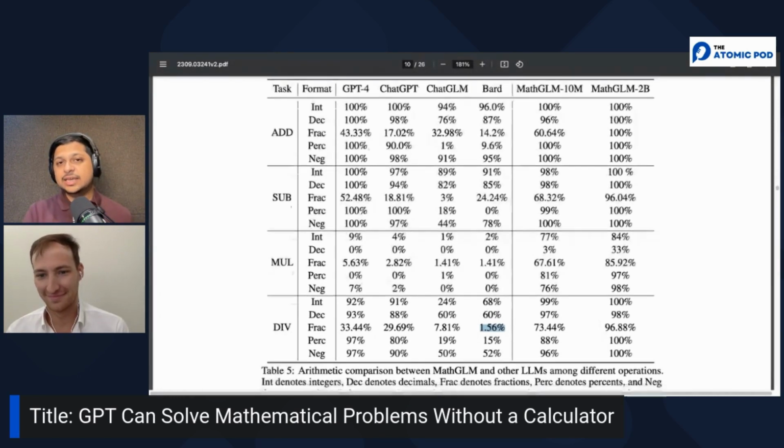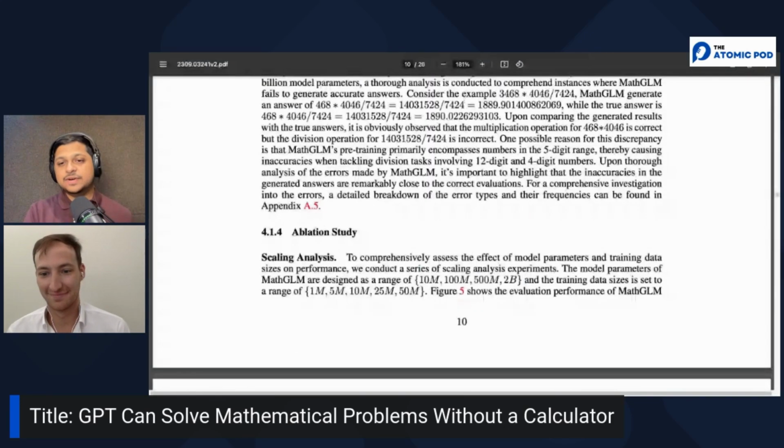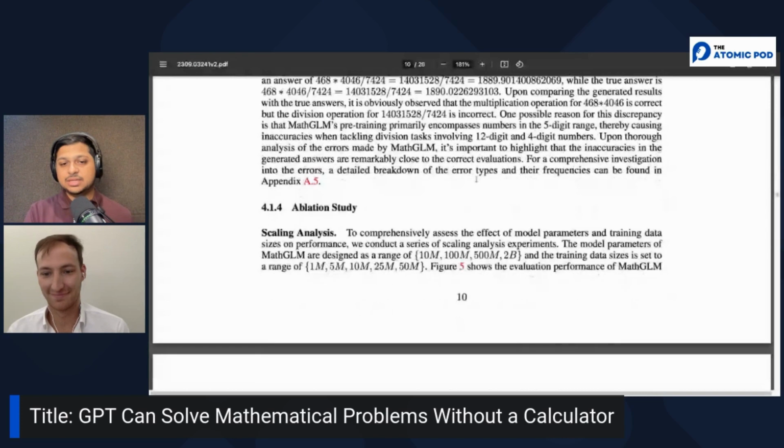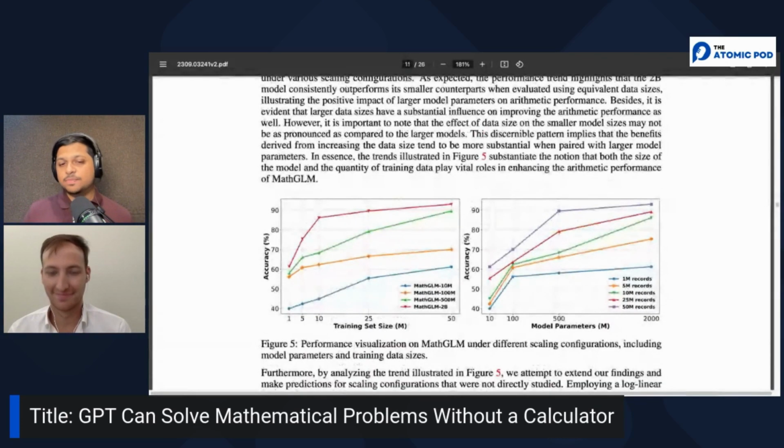I wish the team good luck and hope that they are able to achieve higher and higher accuracies, because at the end of the day we have to reach a point where math operations are at a 99.99 percent accuracy level compared to 100% of classical computers. So somewhere we have to reach that very high level of accuracy.